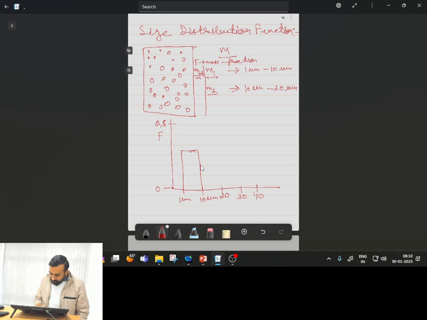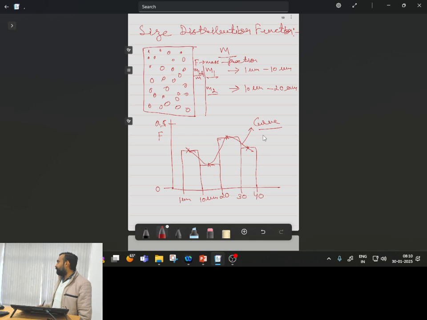Likewise, can I plot this type of histograms? This type of histograms gives me the corresponding individual fractions. Now if I take the midpoint of all the histograms and join these midpoints, what will I get? It will be a curve.